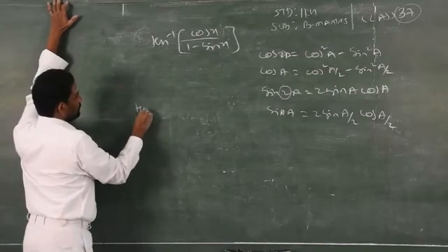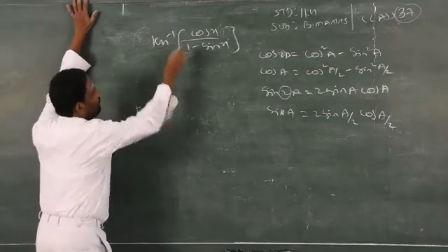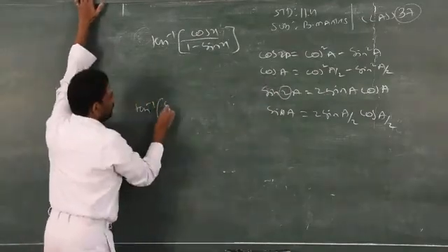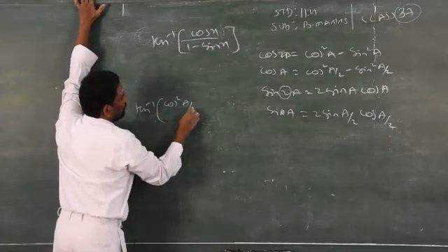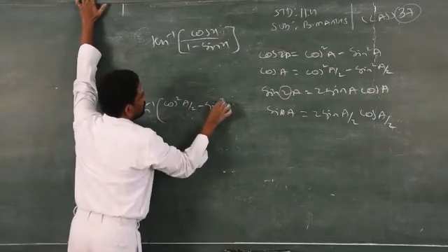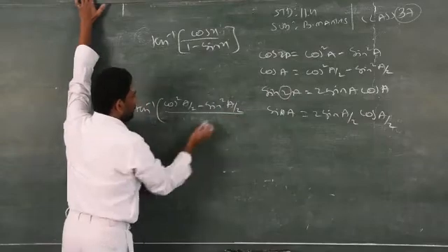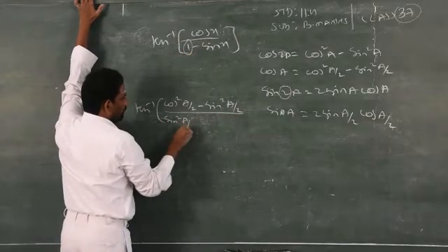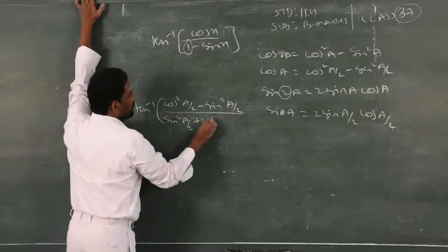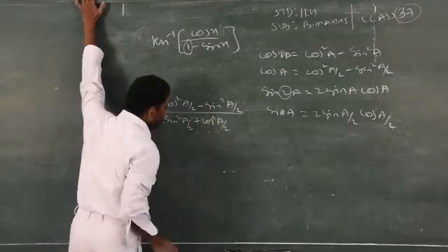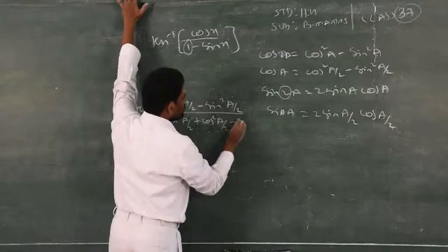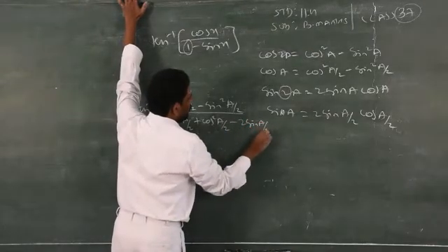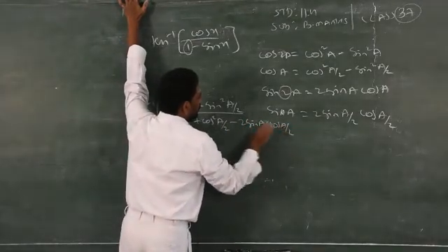Clear? So you have to use some sense, the cos x, cos a formula. That is cos square a by 2 minus sin square a by 2 over, this one I am replacing, sin square a by 2 plus cos square a by 2 minus 2 sin a by 2 cos a by 2.